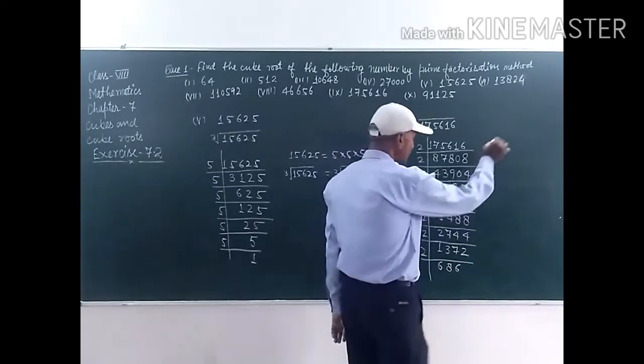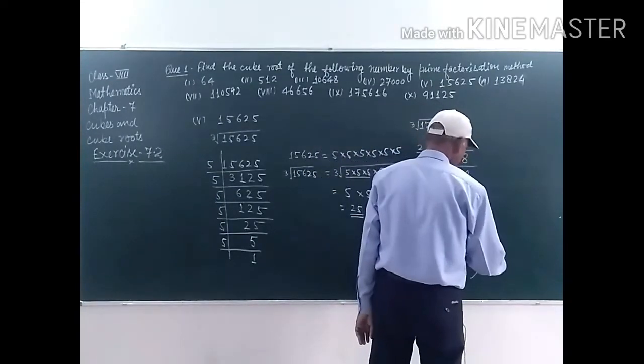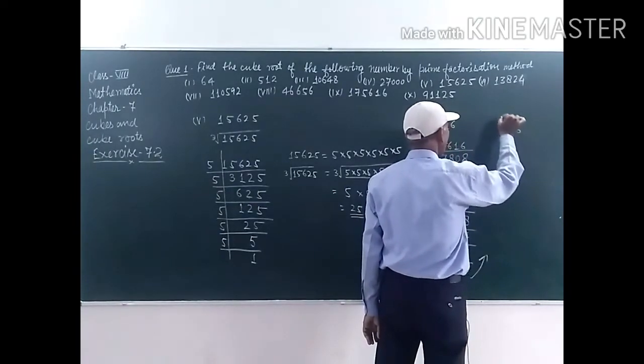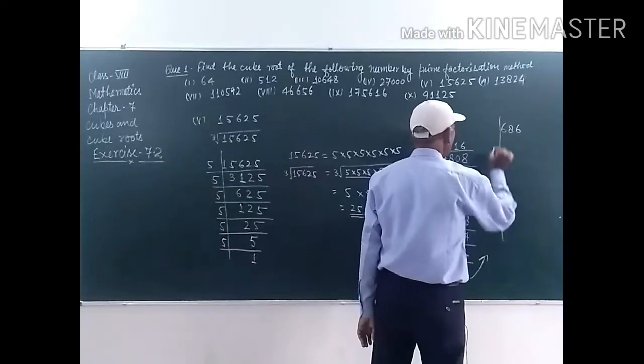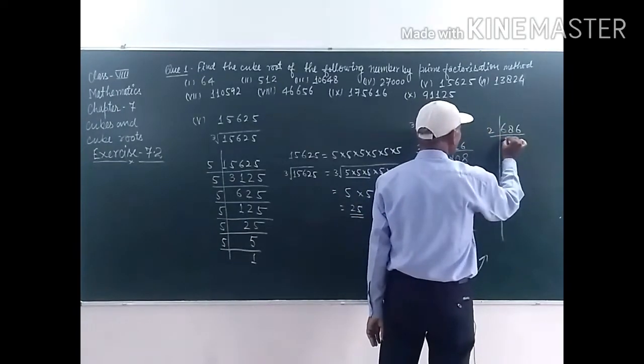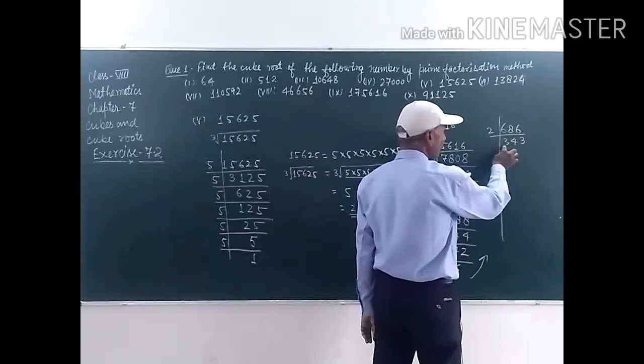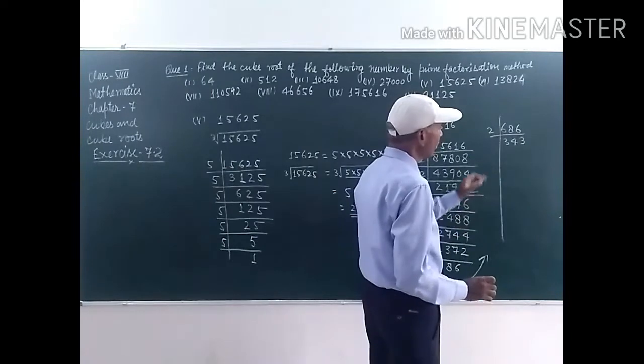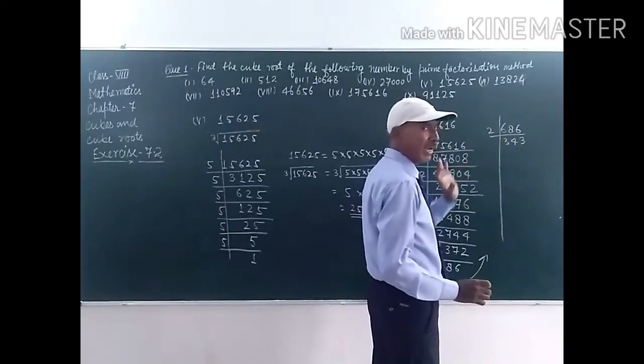Now take this number here 686 and again divide it by 2, 2 3 ja 6, 2 4 ja and 2 3 ja. This number is 343 student now, and this number is not divisible by 2.